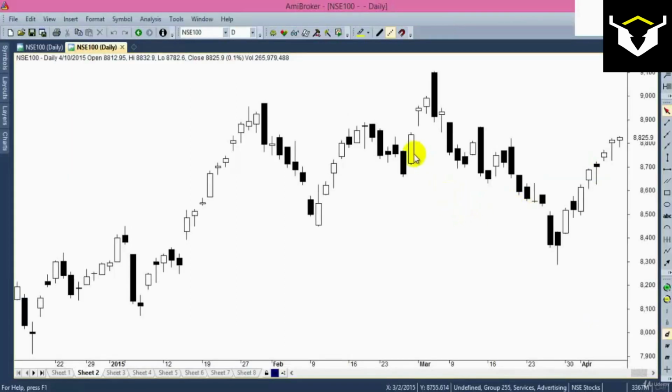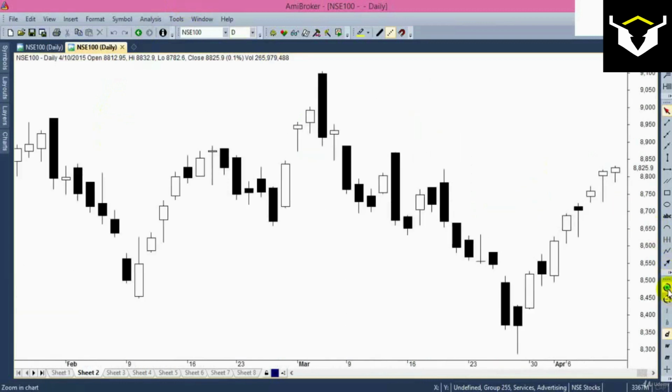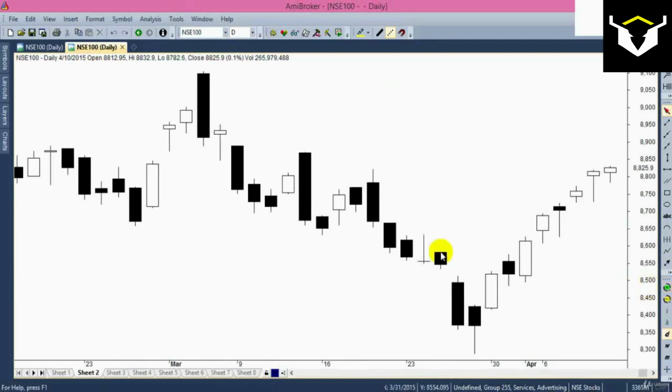Okay, following is a NSE 100 chart. It contains the best 100 stocks listed on NSE. It's basically an average of the best 100 stocks in NSE. Let's go ahead, zoom in, and see if we can identify some of the candlestick patterns.